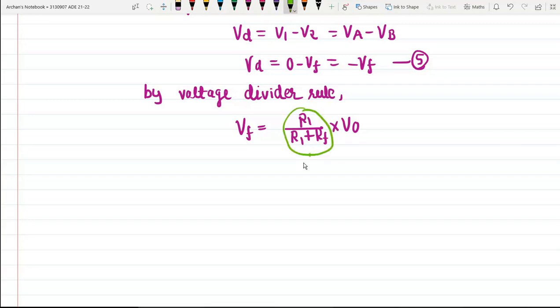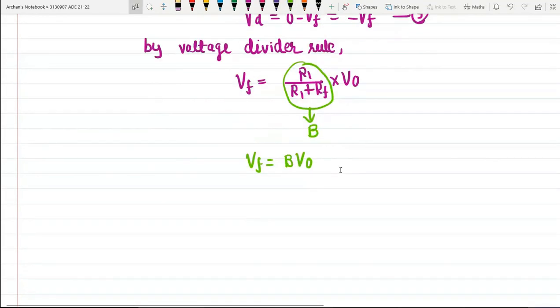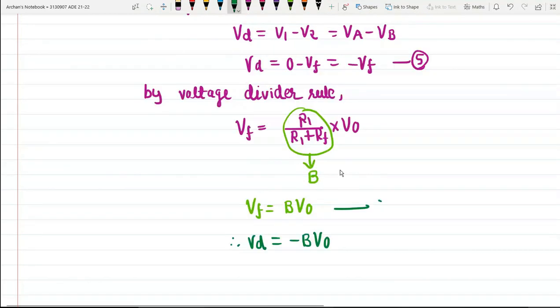It is the feedback path gain, that is B. So Vf is nothing but B times V0. And Vf is equal to Vd magnitude-wise. Therefore Vd is equal to minus B times V0. Let us say these are equation number 6 and equation number 7.